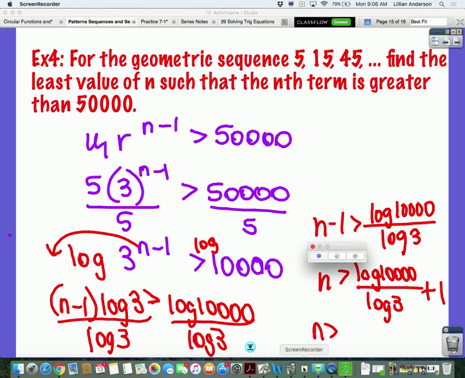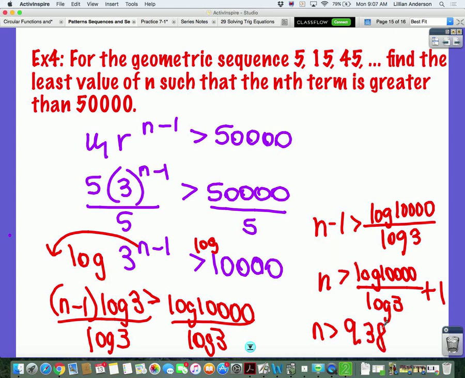Are we going to plug it in? So we get 9.38. But you remember what I said last week? So that would have to be 10. It has to be a positive number. Your number of terms has to be a positive number, and it has to be a whole number.